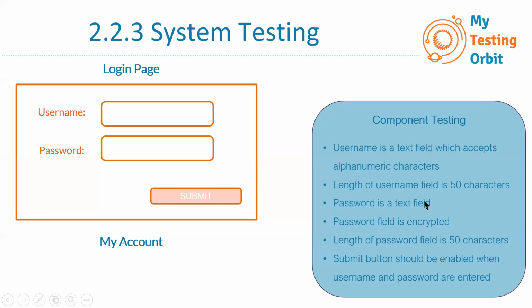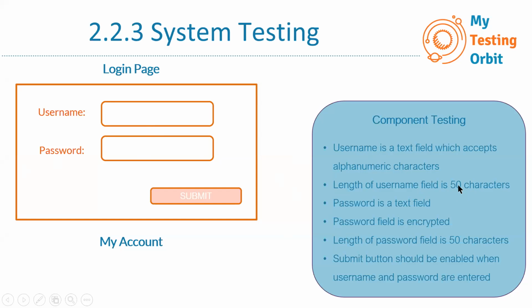So of course, when a developer is developing this, maybe the prototype is already given to them that yes, it will be a text field. It's obvious that for username, if we have to enter something, then it has to be either a text field or a drop down. Mostly it's a text field. And maybe they have spoken to the requirement people about how many characters should be acceptable, and they have agreed on 50.